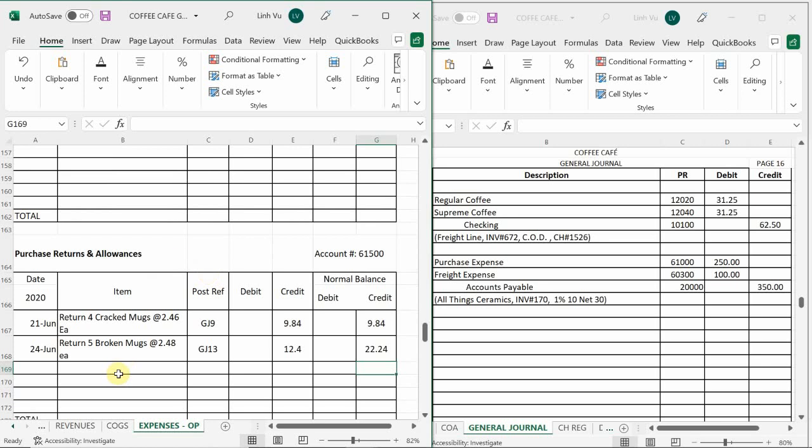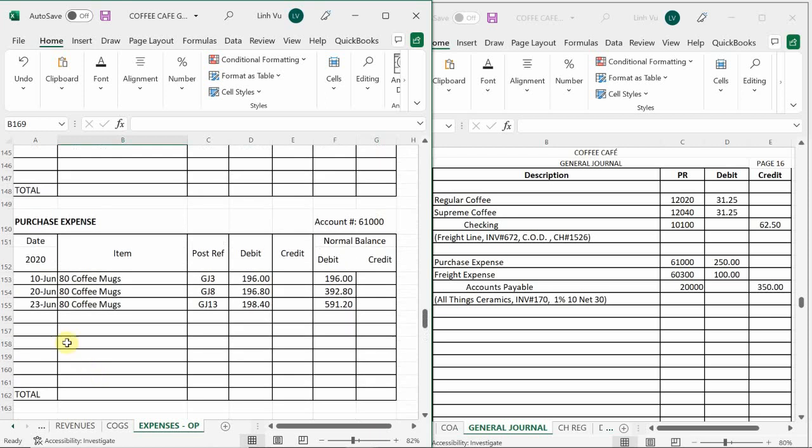So for here, we increased our purchase expense because we bought 100 coffee mugs this time, for $250.